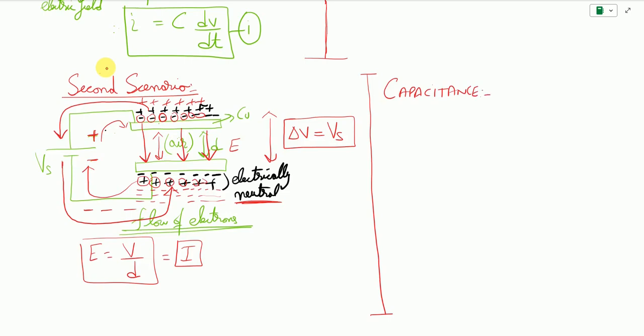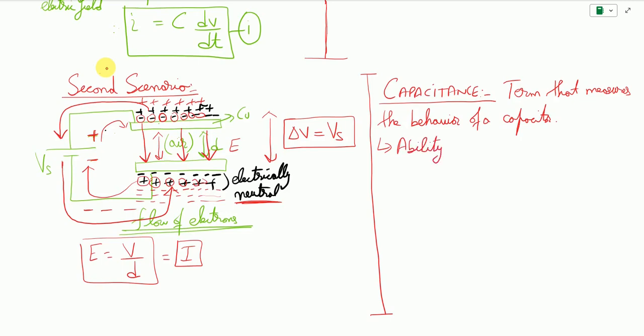So as we saw before with inductance and resistance, capacitance is the term that measures the behavior of a capacitor, in the sense that capacitance basically is the ability to know how much storage of electric charge, or electrical energy, or I can say charge, the capacitor has.